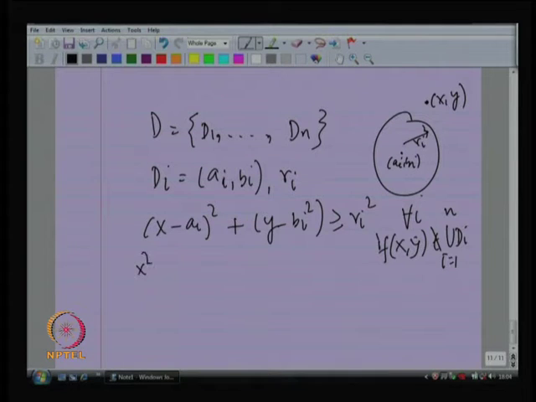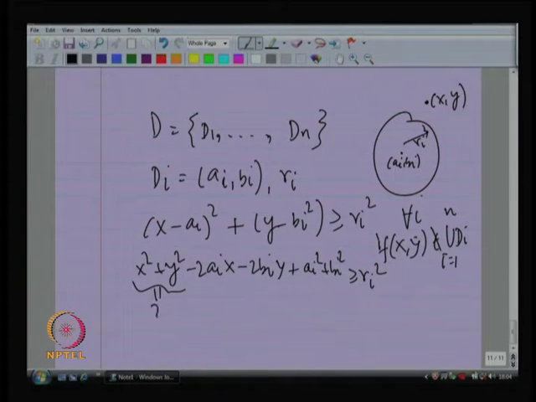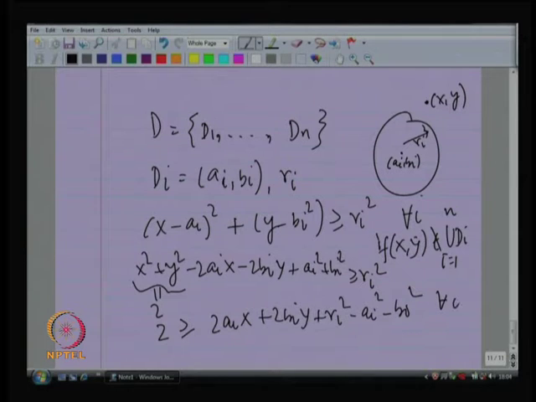if you write this one as x square plus y square and map it to z, that is our usual lifting transform, then what you get is the equation of a plane.